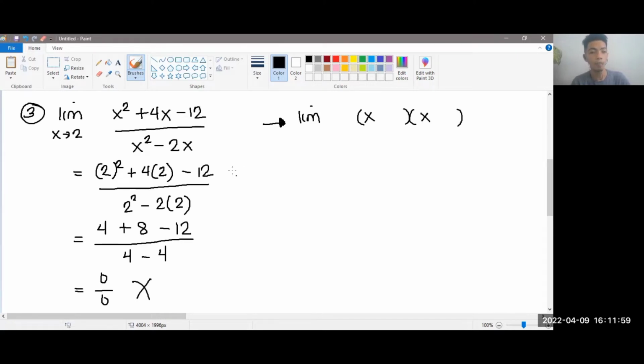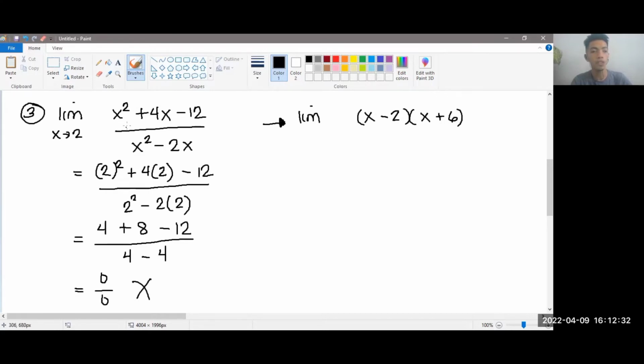So ngayon, iisip ka ng factor ng negative 12 na kapag pinag-combine mo, the answer will be 4x. And in that case, I will have x minus 2 times x plus 6. Sir, bakit po x minus 2 times x plus 6? Kasi application siya ng factoring, 'di ba?